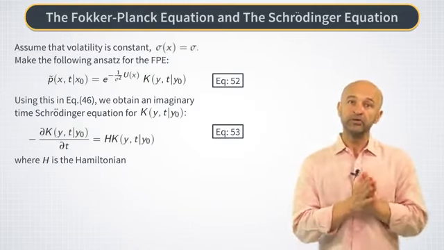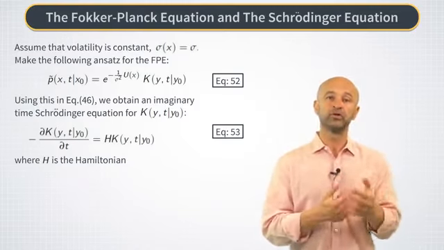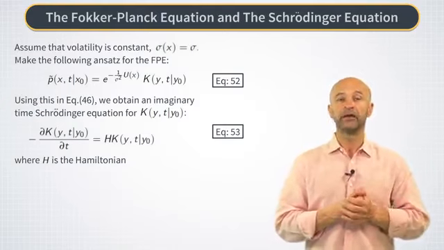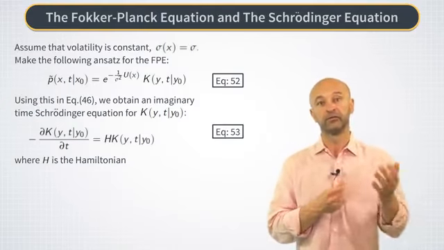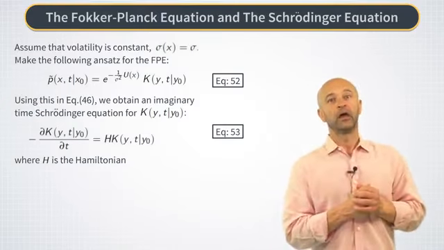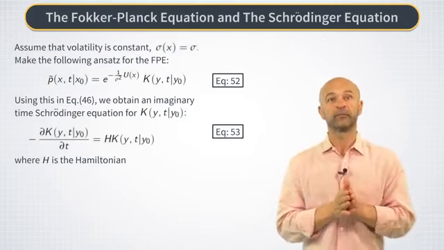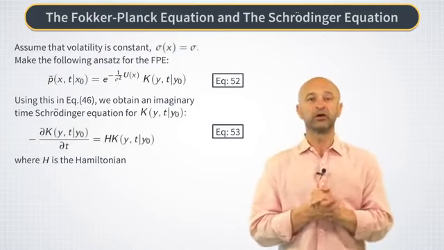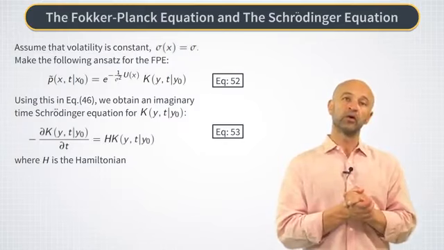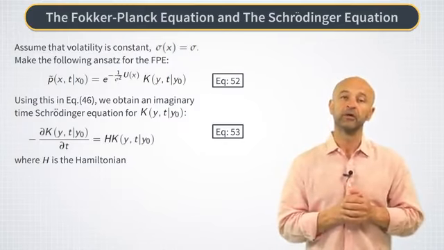But in the original Schrödinger equation, there is an additional imaginary unit, i, on the left-hand side in front of the time derivative. And here there is none. So this equation can be interpreted as a Schrödinger equation in imaginary time.